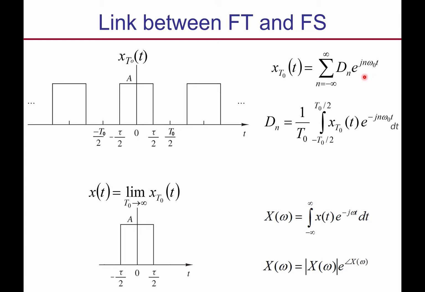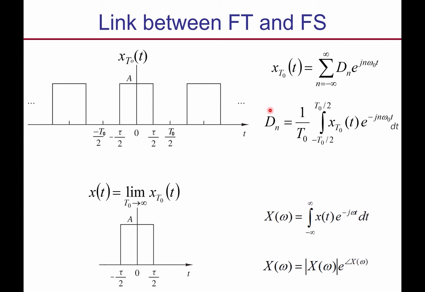I can express this exponential in terms of a cosine with amplitude, which is the magnitude of Dn, and phase shift, which is the phase of this Dn. And how do we find this Dn for different harmonics? We learned it is this integral. So that's what we learned in the Fourier series chapter.